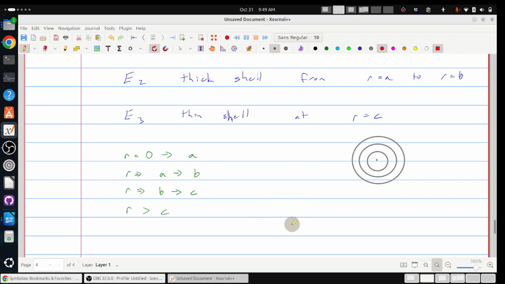So by the superposition principle, if we're in this first region, we only need the E1 from the line of charge, which was a single equation outside that line of charge. If we've got this region between A and B, I'm going to have to find E1 from the line plus the E2 equation where I'm inside that shell.